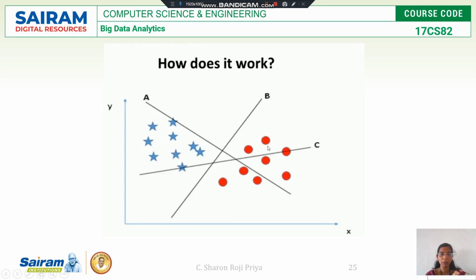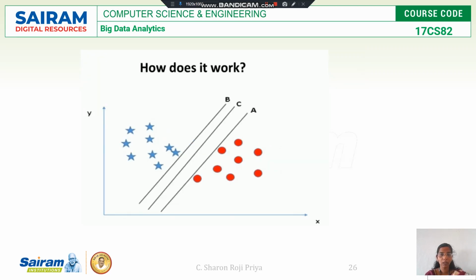To one side you have a few red color data points and blue colored star data points, and to the other side you have these red color data points, right? To differentiate both the classes, we are using the color differentiation and the notation differentiation, right? So by seeing these three hyperplanes, I can understand B is the best classifier.